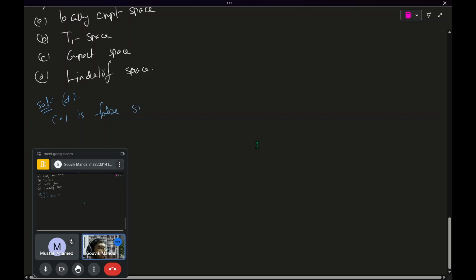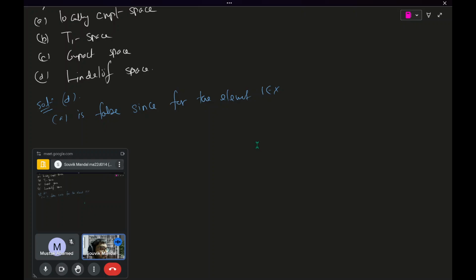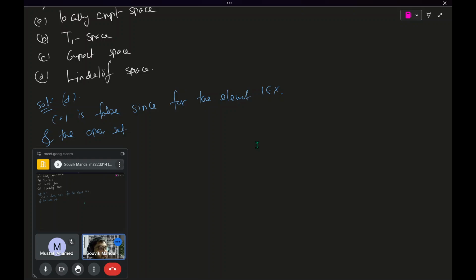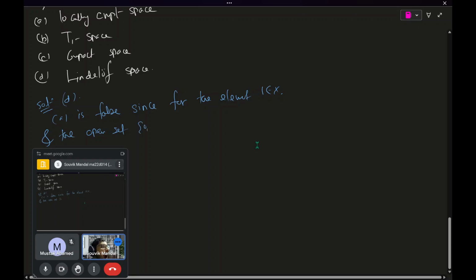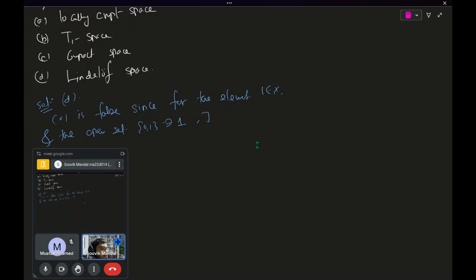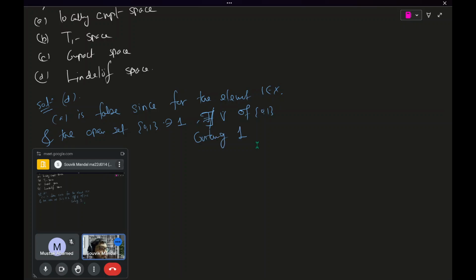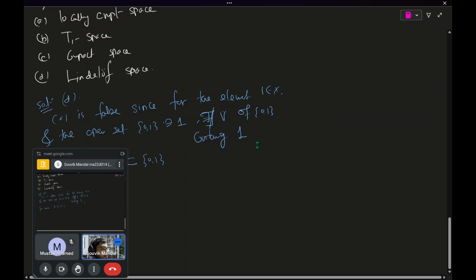Since for the element 1 belonging to X, for the open set {0, 1} containing it, there exists no subset V containing 1 for which the closure of V is a subset of {0, 1}.